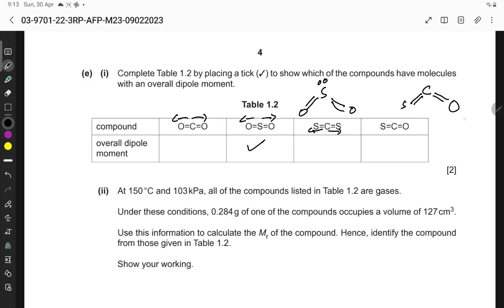Over here 3.5 for oxygen and 2.6 for sulfur, and this is 2.5, this is 3.5, and this is 2.6. This difference is 1 and this difference is 0.1. So there is a difference in electronegativity value, so this compound also has a dipole moment.